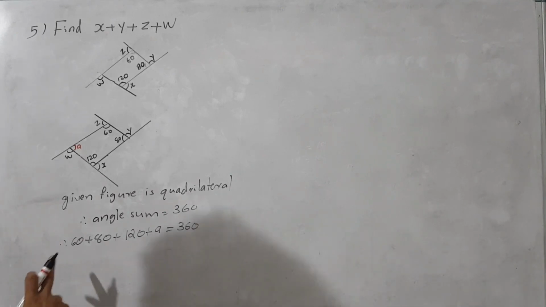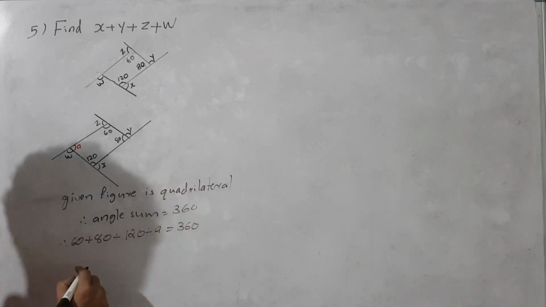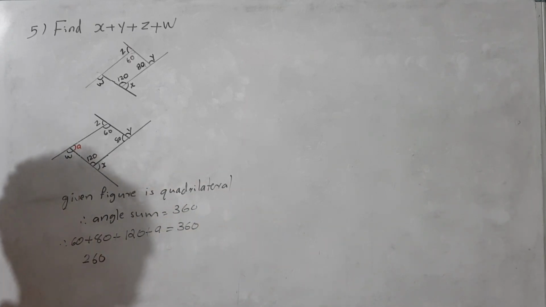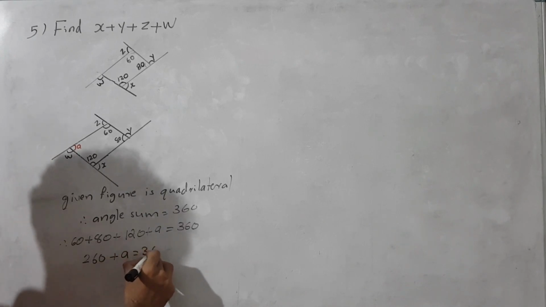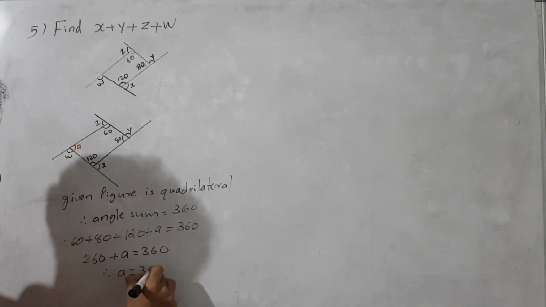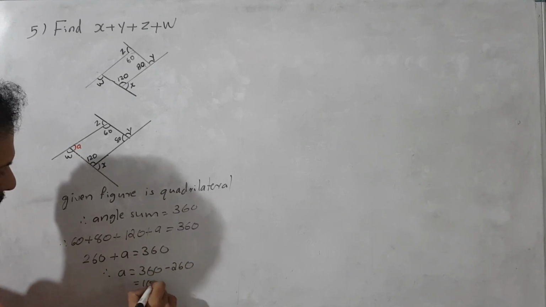Then 60 plus 80 is 140. 140 plus 120 is equal to 260. 260 plus A is equal to 360. Therefore, A is equal to 360 minus 260 is equal to 100.